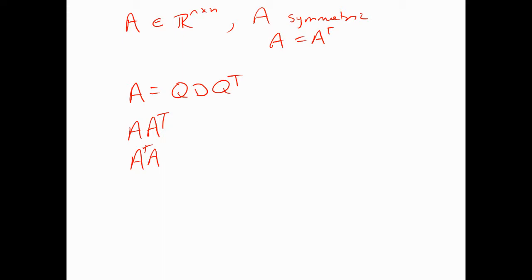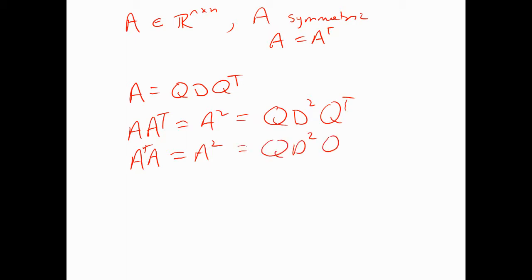But A A transpose is just equal to A squared, and A transpose A is also equal to A squared because it's symmetric. So A squared is just equal to Q D squared Q transpose in both cases.